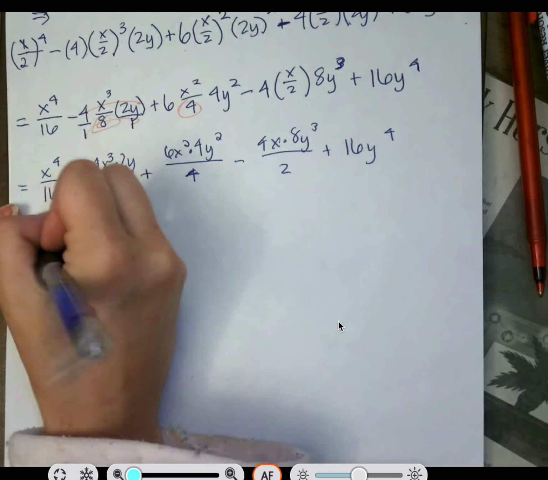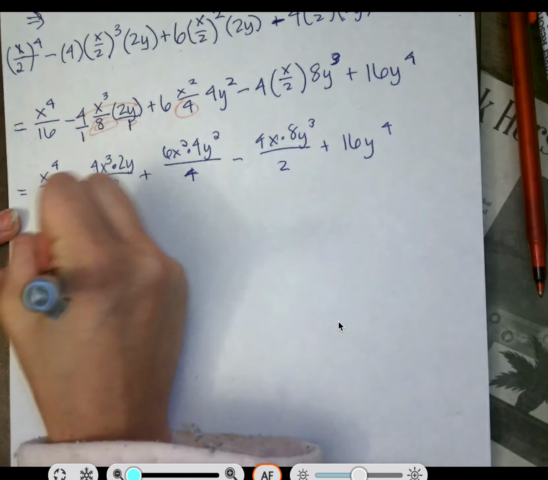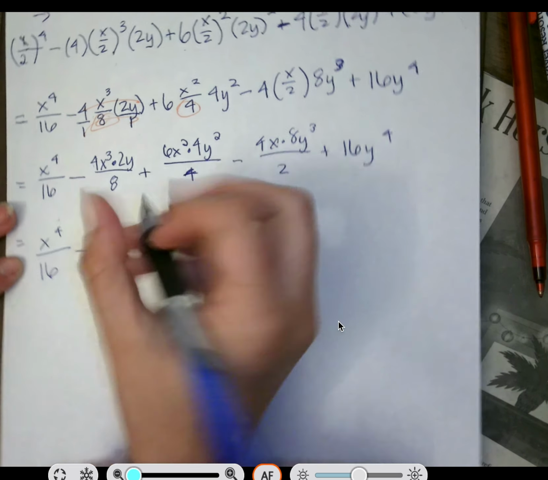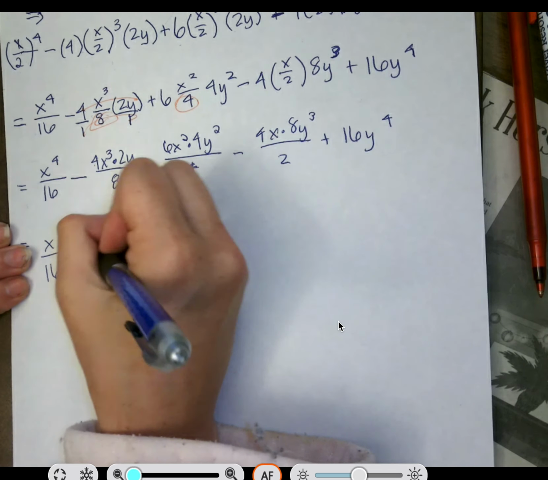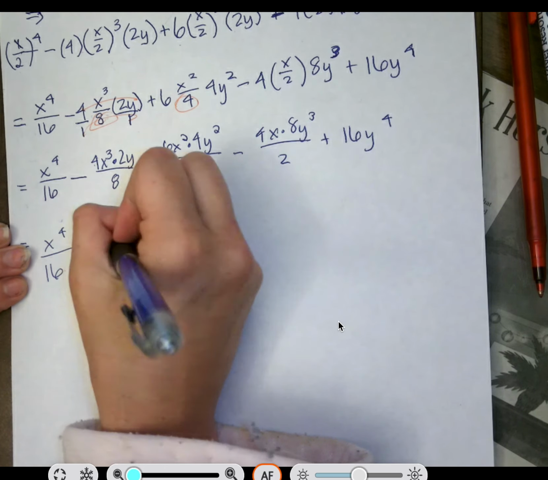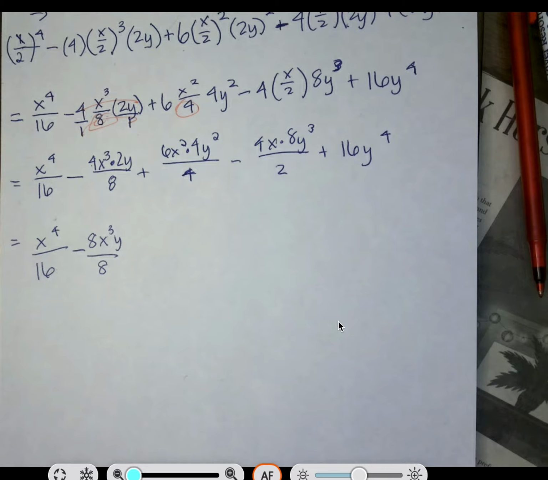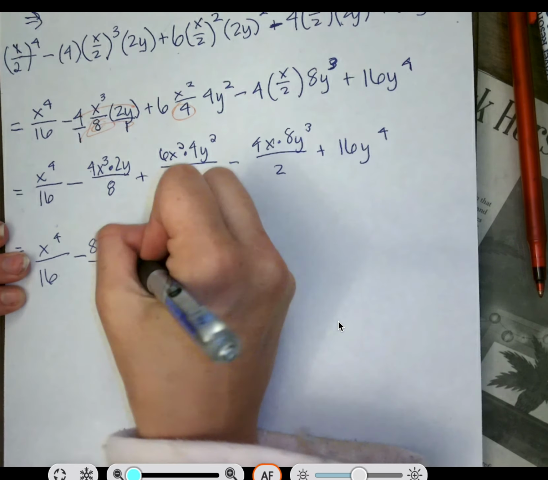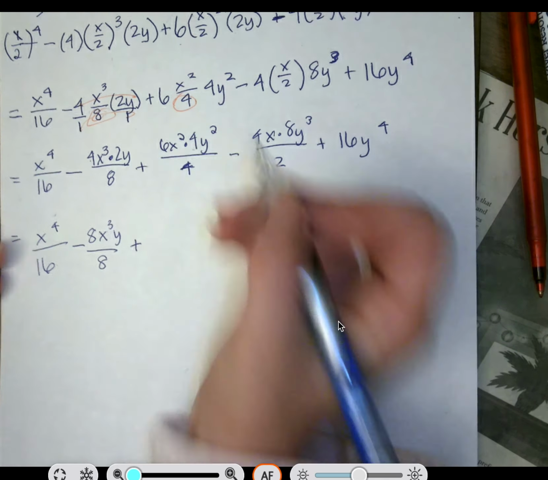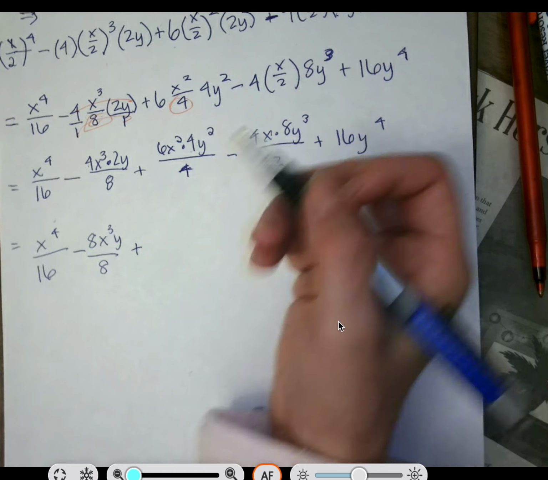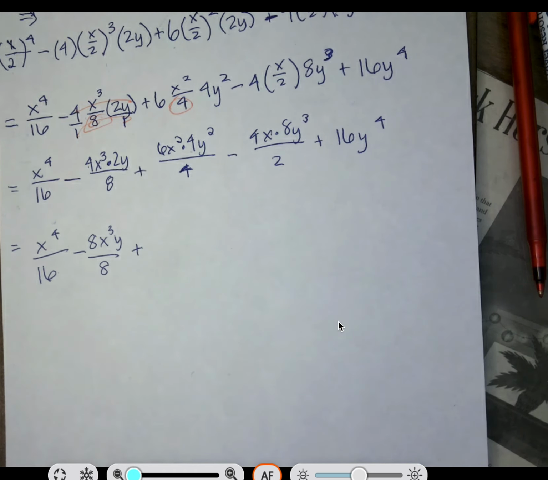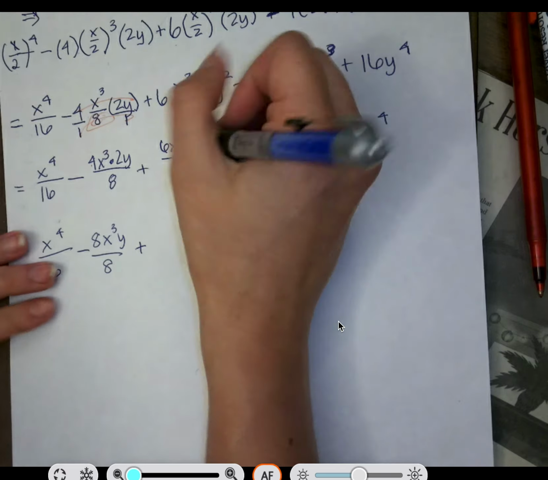You can simplify this even further, all right? Not the first or last digit. We're so done with those. 4 times 2 is 8. X cubed y over 8. Uh-oh, we have two digits that are going to cancel out in a minute. Plus 6 times 4 over 4. Guess what's going to happen?